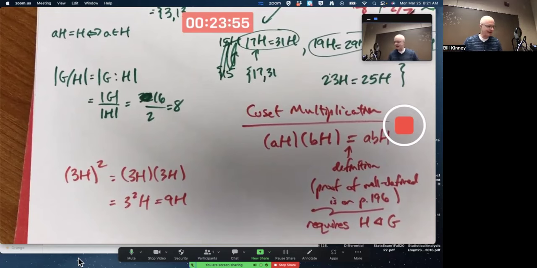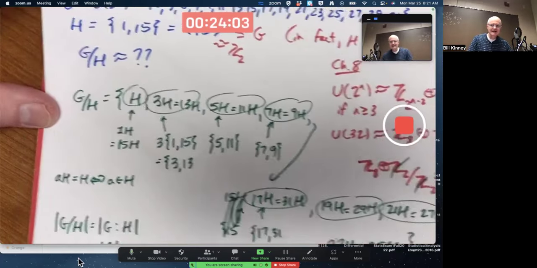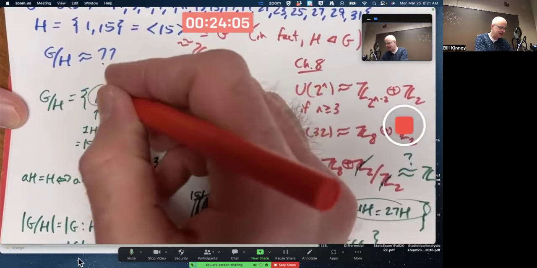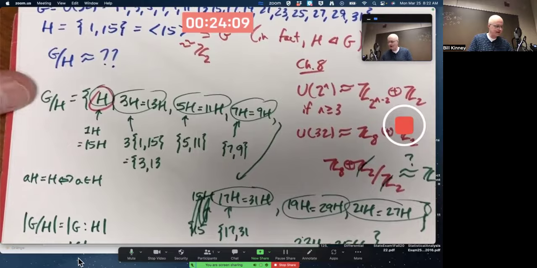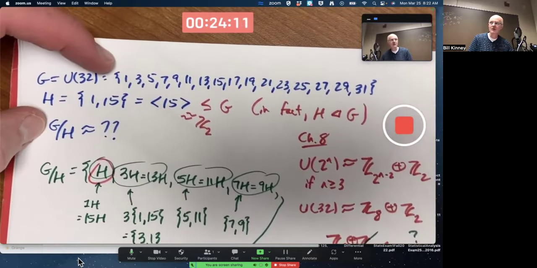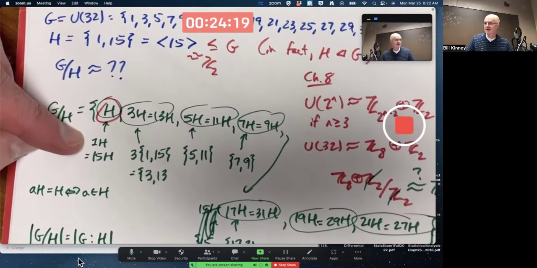Don't speak too fast in thinking it's not the identity of the factor group. What is the identity of the factor group? It's H itself. 1 times H. 1 is the identity of U32 as a group under multiplication mod 32. Yeah, 1H, or in general, EH, which equals H, is the identity of the factor group.